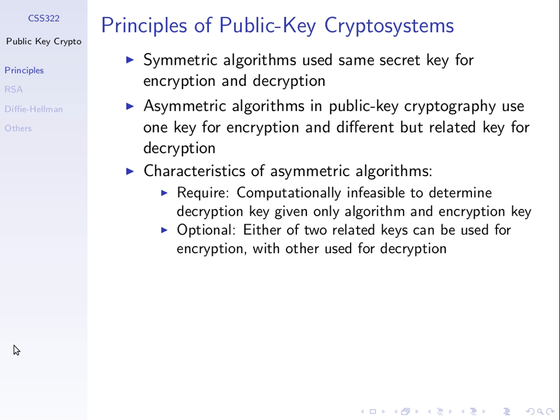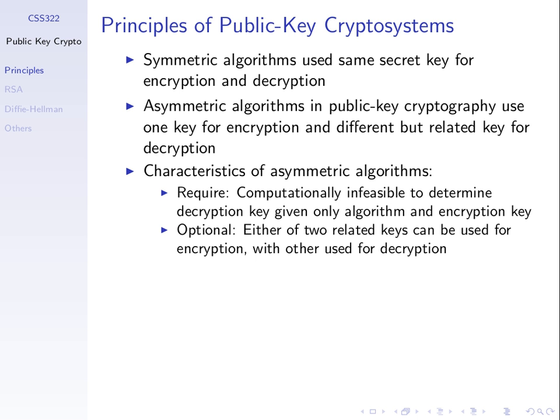Symmetric key algorithms use the same secret key for encryption and decryption. Asymmetric algorithms use one key for encryption and a different key for decryption. But the two keys must be related in some way. The requirement for asymmetric algorithms to work is that it must be computationally hard to work out the decryption key from the encryption key.